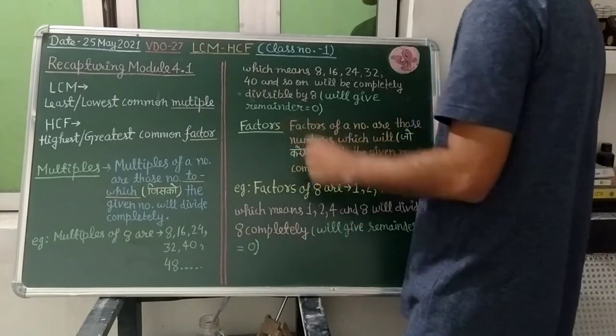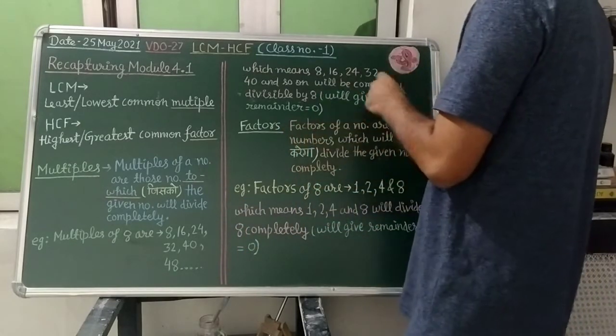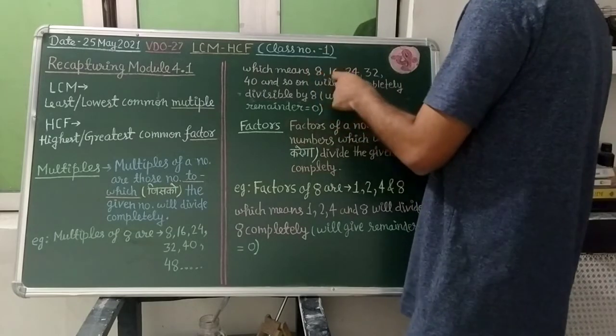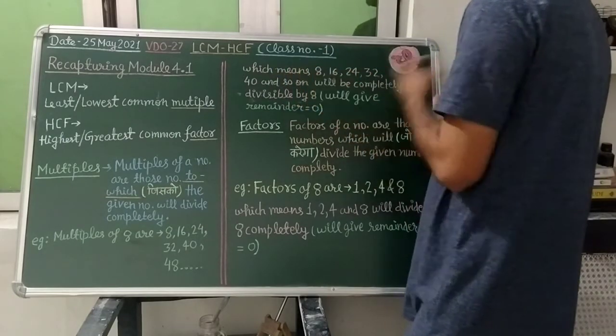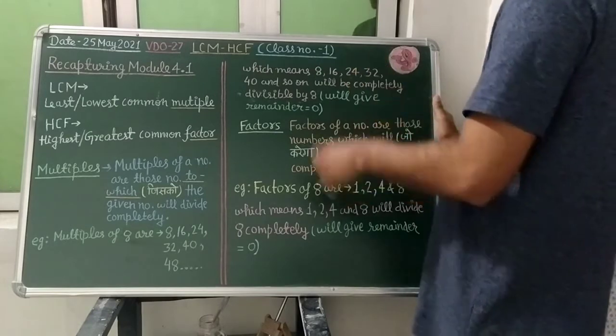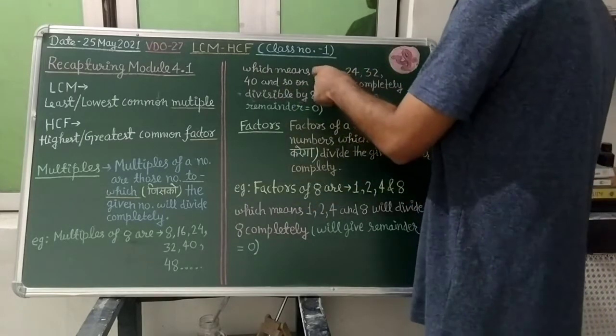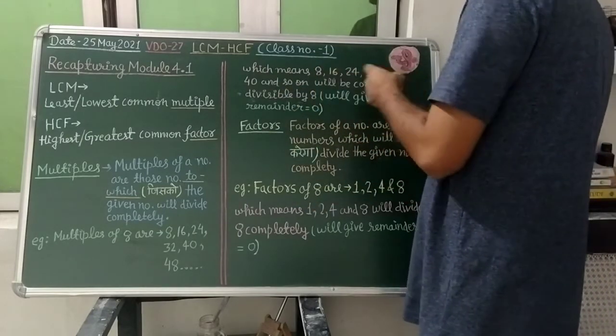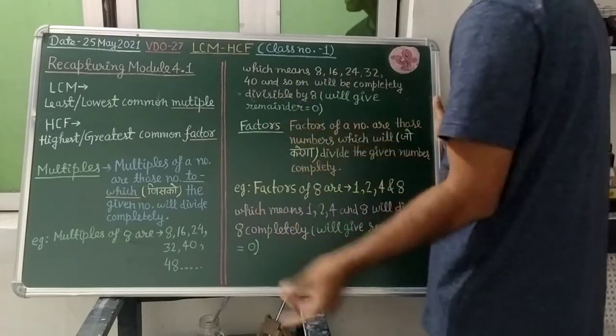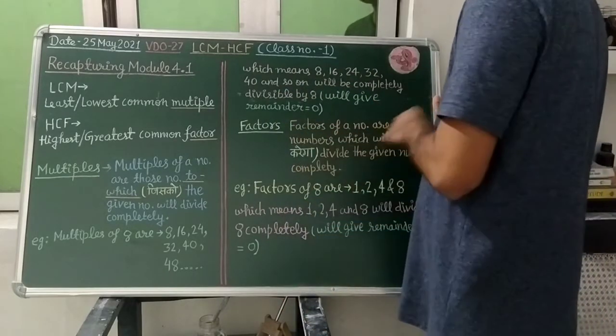So multiples of a number are those numbers. Multiples of 8 are 8, 16, 24, 32, 40 and so on, those numbers which the given number 8 will divide completely.